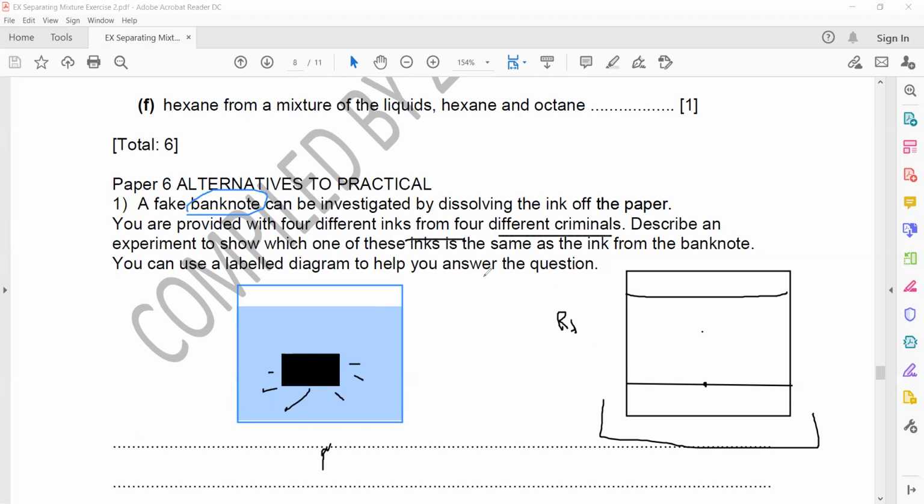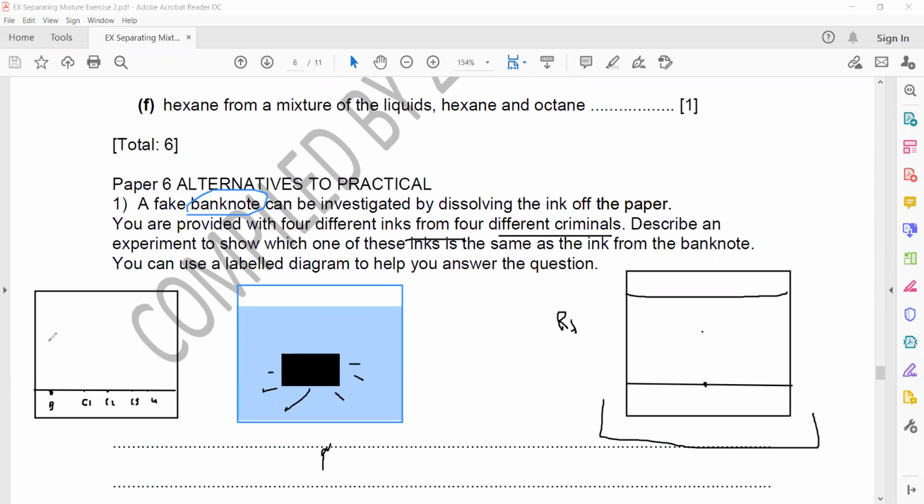This is one way. Or the second way, another way, you can take a sample, means after extracting the ink, you can place the sample, the ink from the banknote. Example, this one is the ink from the banknote, and then this one is from criminal 1, criminal 2, criminal 3, and criminal 4.